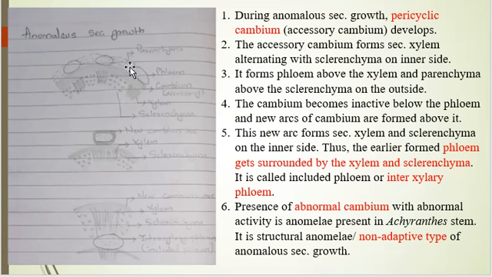Between 2 phloem there is the parenchyma present, and in between 2 xylem there are sclerenchymatous cells present, and in between xylem and phloem there is the cambium region. This faint brown ink is the cambium.